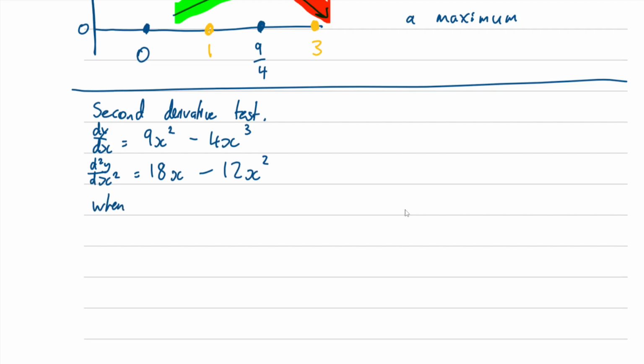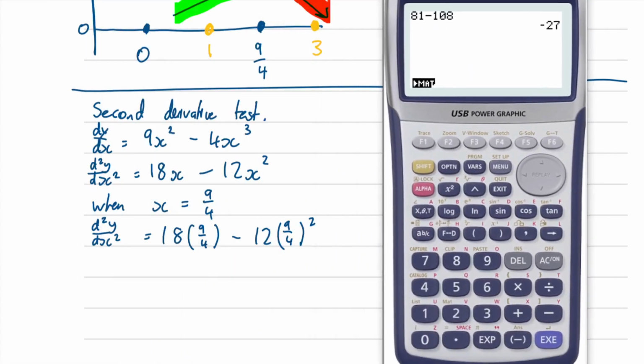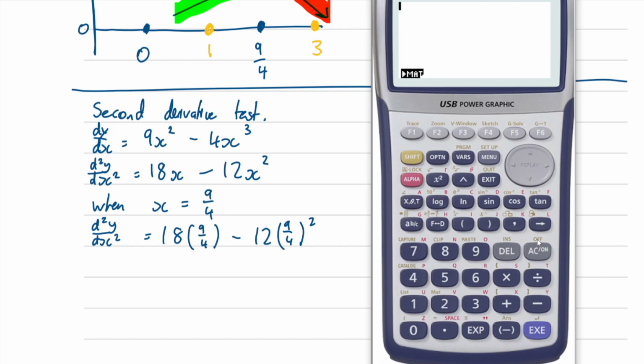Now when x equals 9 over 4, we substitute that into the second derivative, and this one I cannot be bothered working out in my head. So 18 times 9 over 4 minus 12 times 9 over 4 squared, which gives minus 20.25.